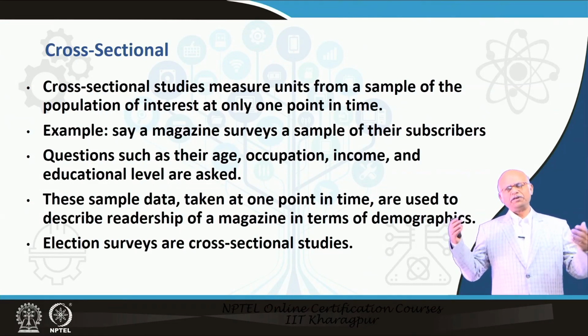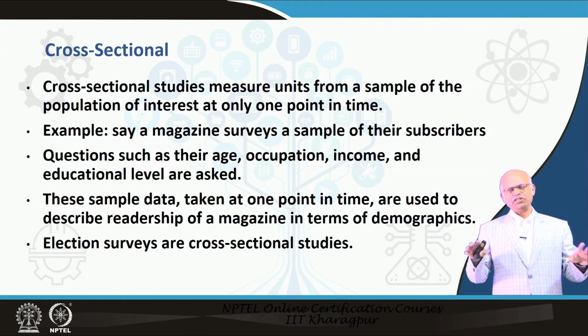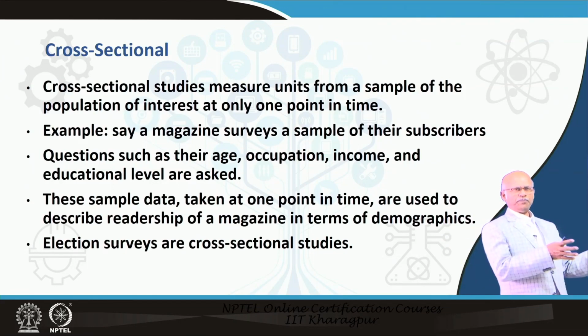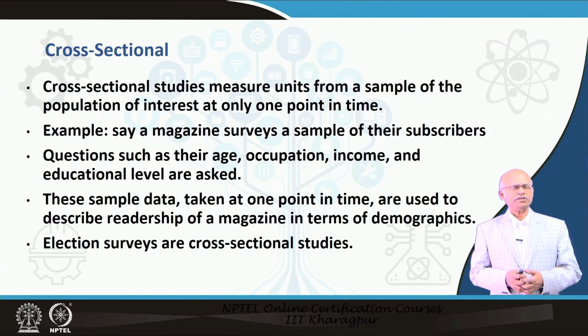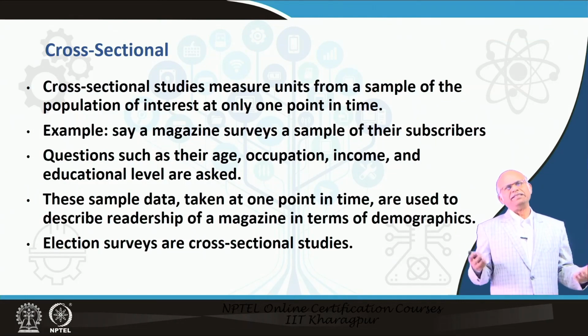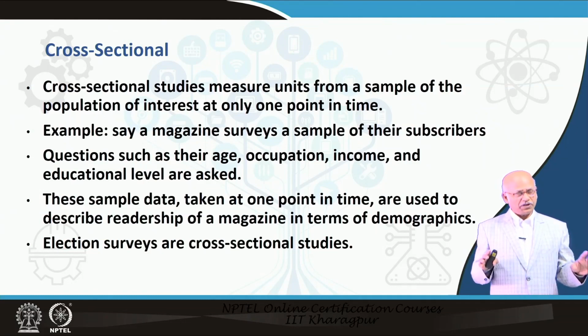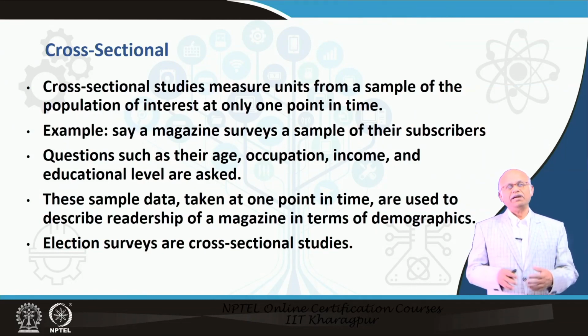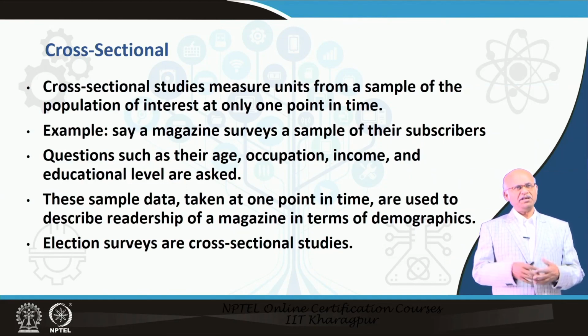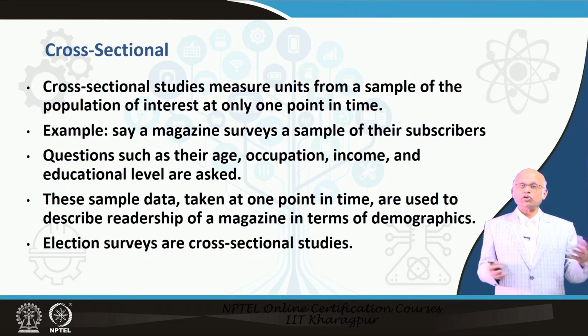Today a journal may talk to students, girl students and boy students, and maybe they get different kinds of insight, so they can come up with different articles. It is not temporal; there is no time specificity. So, this is cross-sectional data.